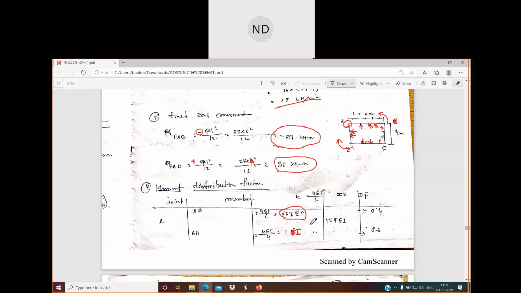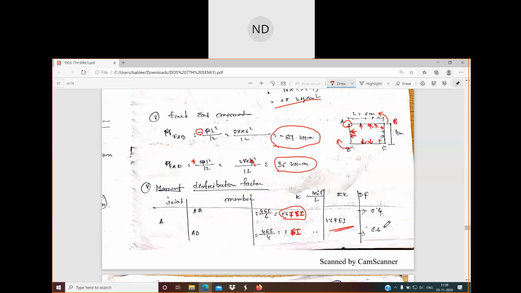Now the total summation of the stiffness will be 1 plus 0.67, which is 1.67 EI. This is the summation of your K value.